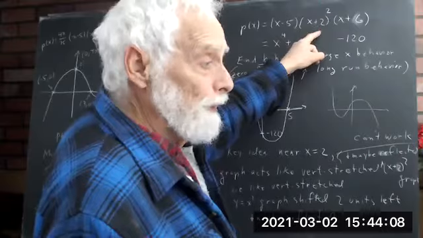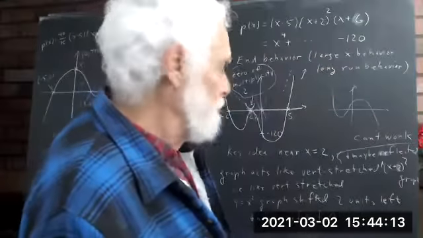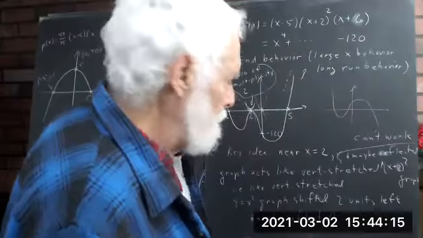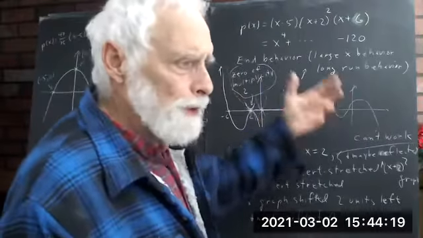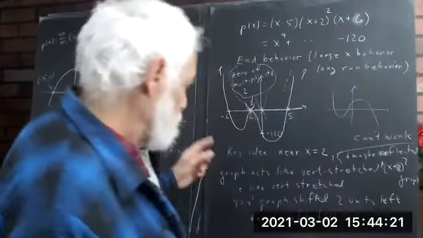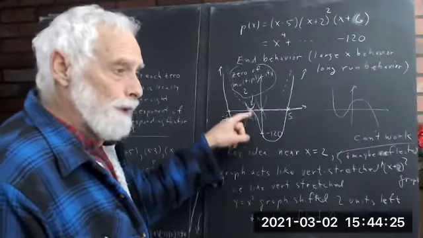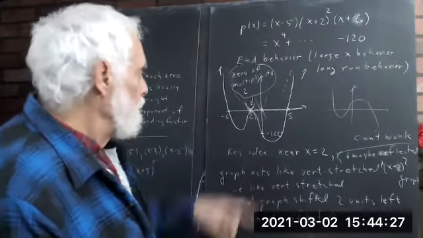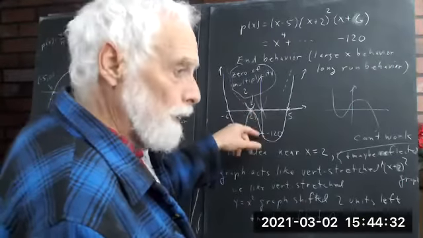However, this has a parabolic shape, as you know from vertically stretching and shifting your basic squaring function. Okay, that's the reason you get this parabolic shape here. Now I drew a little parabola here and here and here and here.